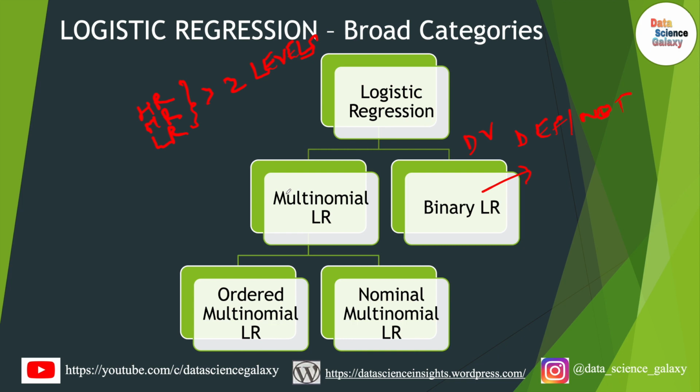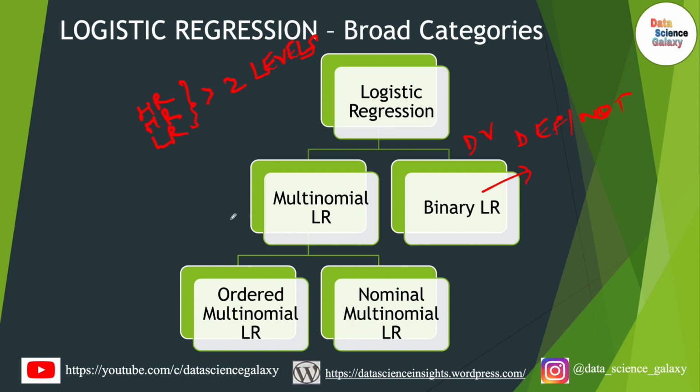It could be any number of levels, but usually it would be a finite number of levels. In either case, you could deal with either a binary or a multinomial classification setting.